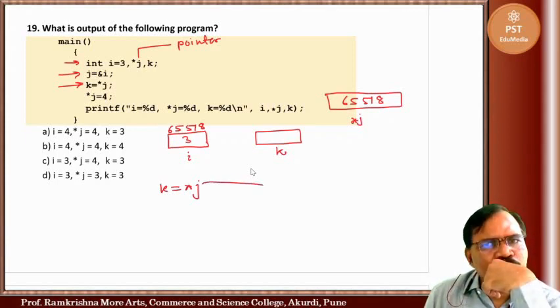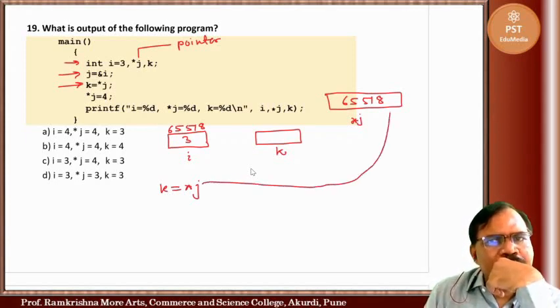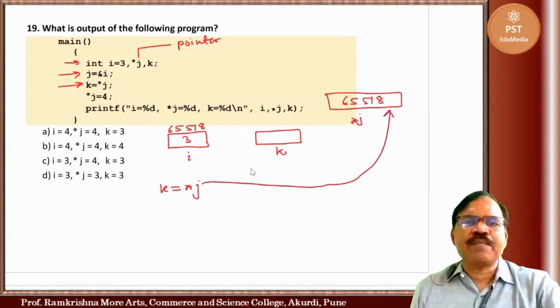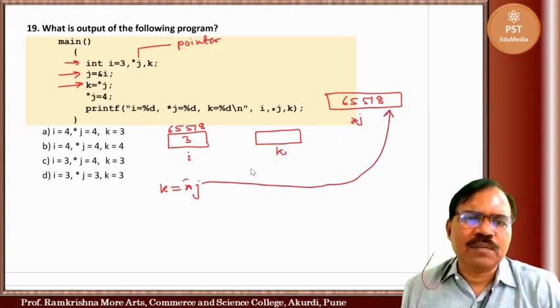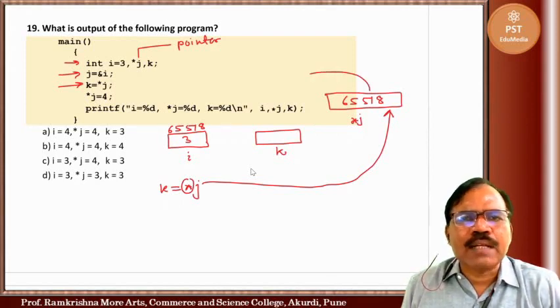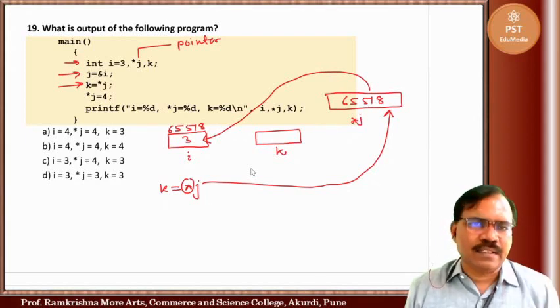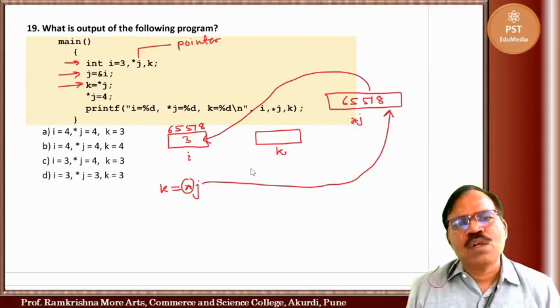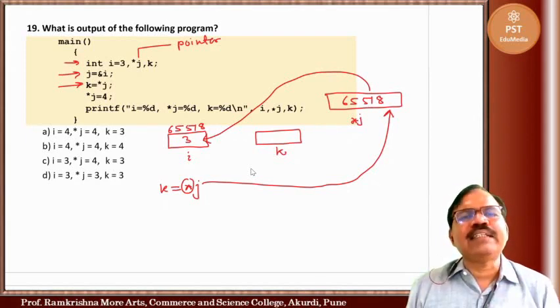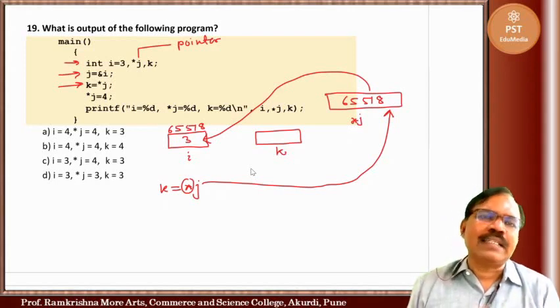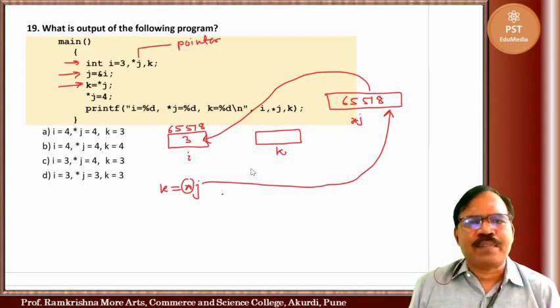It goes to the memory location of j, and what is the meaning of star? It is indirection. So it directs to that memory location and takes the content present there. What is the content present there? 3, and that is given to k. So k is equal to 3.